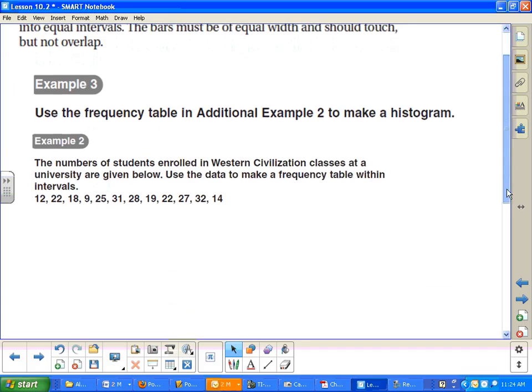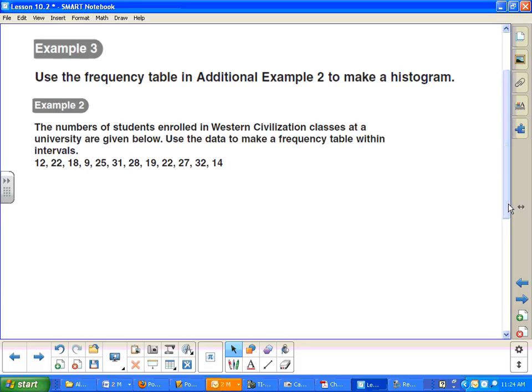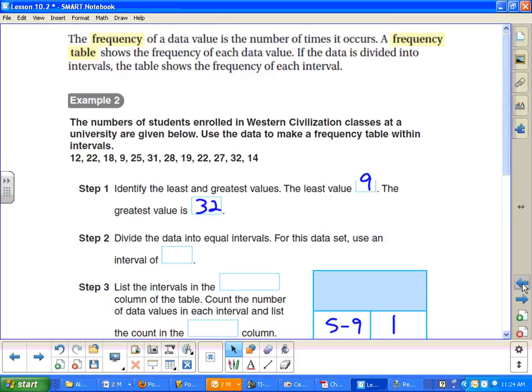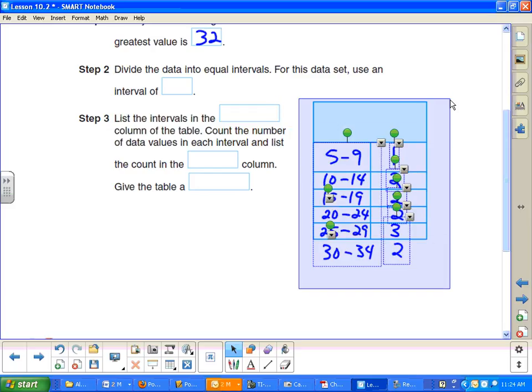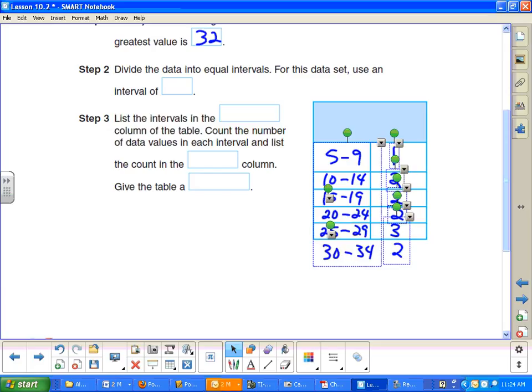So here's our numbers we used in example 2 about the classes from Western civilization. So let's take that data that we used. Let me find this histogram here. Let's see what all I can copy here. I want a picture.